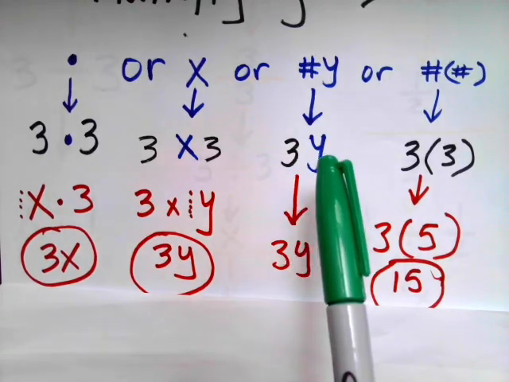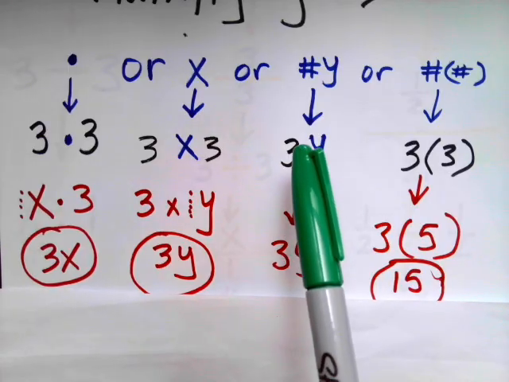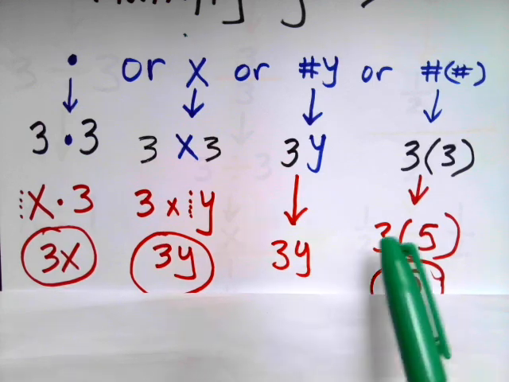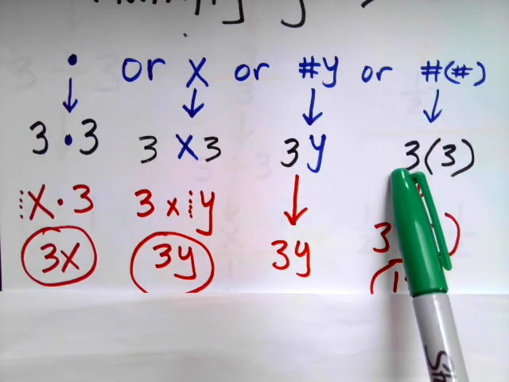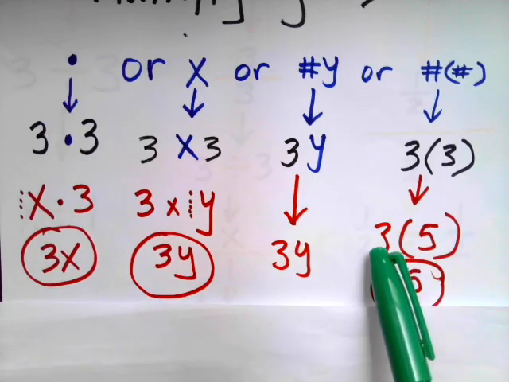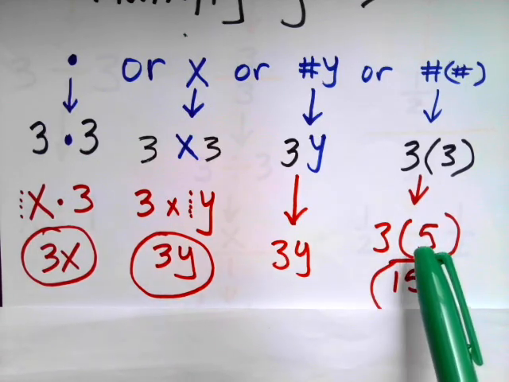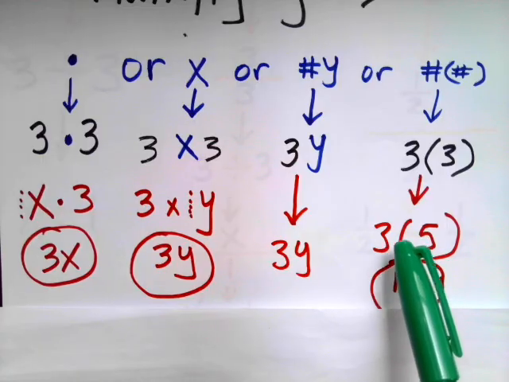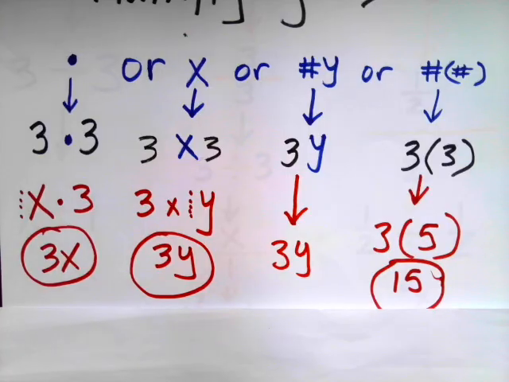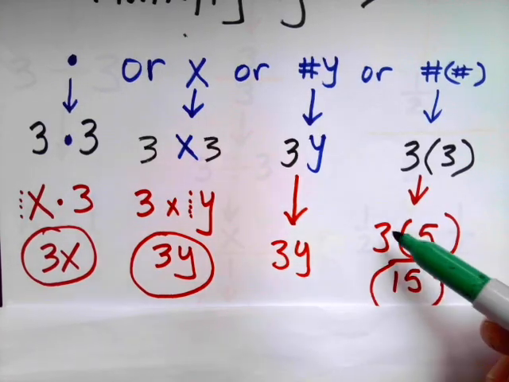And of course, this is just another means. 3 times an invisible 1 is 3y. This just means 3 times y. And here, you could have a number times another number. And here there's no variables. I'm just showing you this is a multiplication symbol. 3 times 5. Many people will look at this, and this is exactly what you would call distribution.